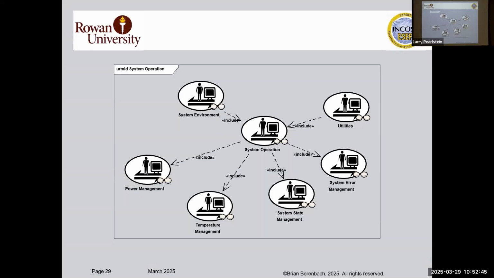Okay, so here's the system operation. We talked about the structure mechanically, but here's everything it does, the basic operation. The operation of the system includes the system environment, the utilities.